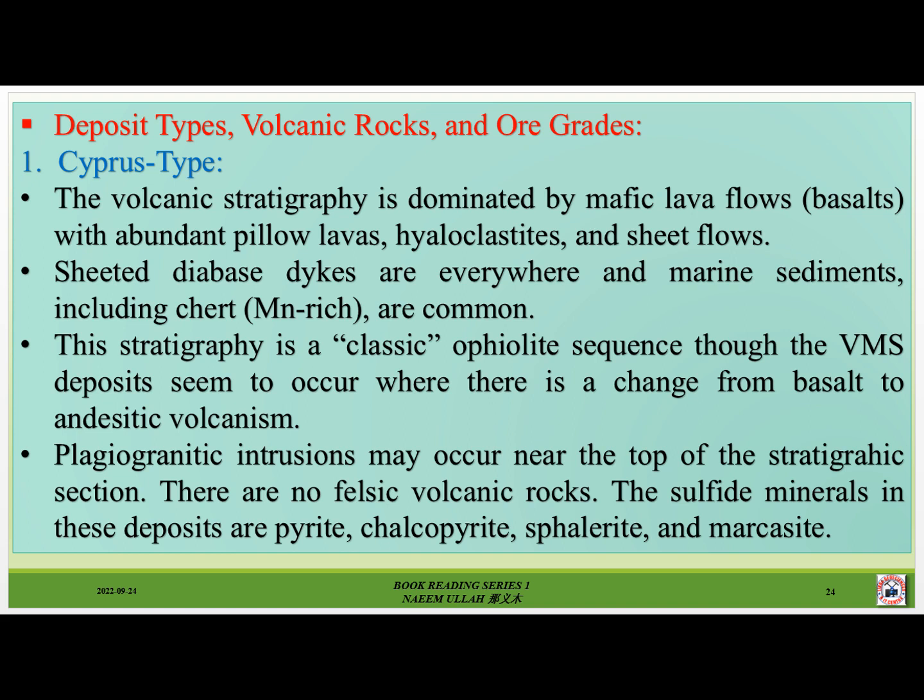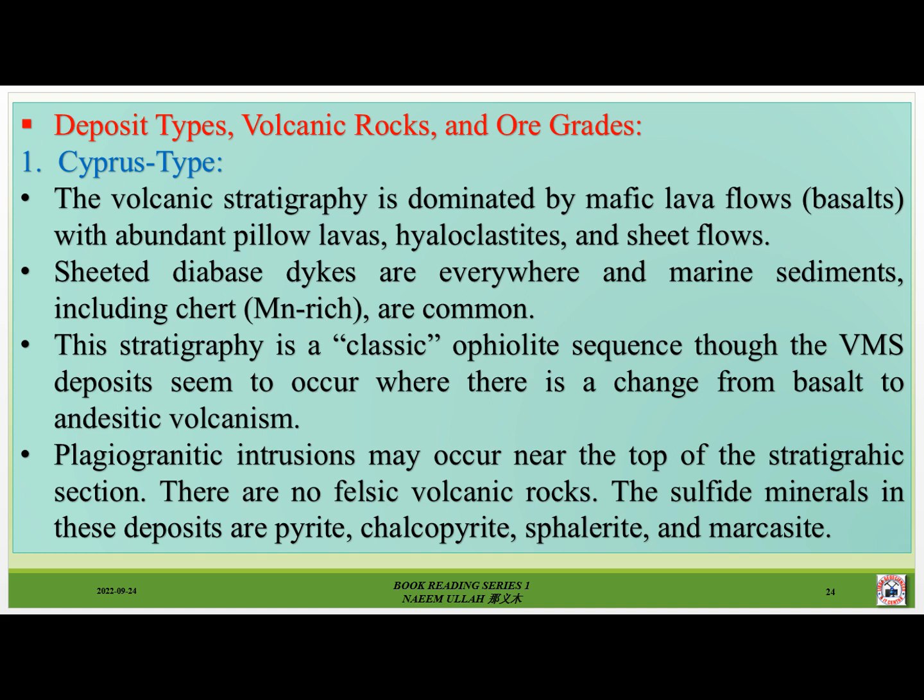This stratigraphy is classic of an ophiolite sequence, though the VMS deposits seem to occur where there is a change from basalt to andesitic volcanism. Plagiogranitic intrusions may occur near the top of the stratigraphic section. There are no felsic volcanic rocks.